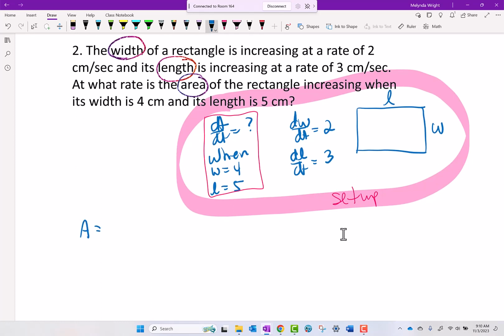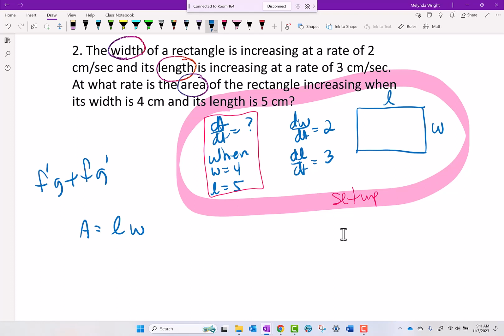Area equals length times width, or width times length, whatever order you want. What we need to recognize here is that this is product rule. I don't want you to be fooled by that. It looks very simple, doesn't it? But it's product rule. So let's remind ourselves of product rule. Product rule was F'G plus FG'. First things first, second things second.